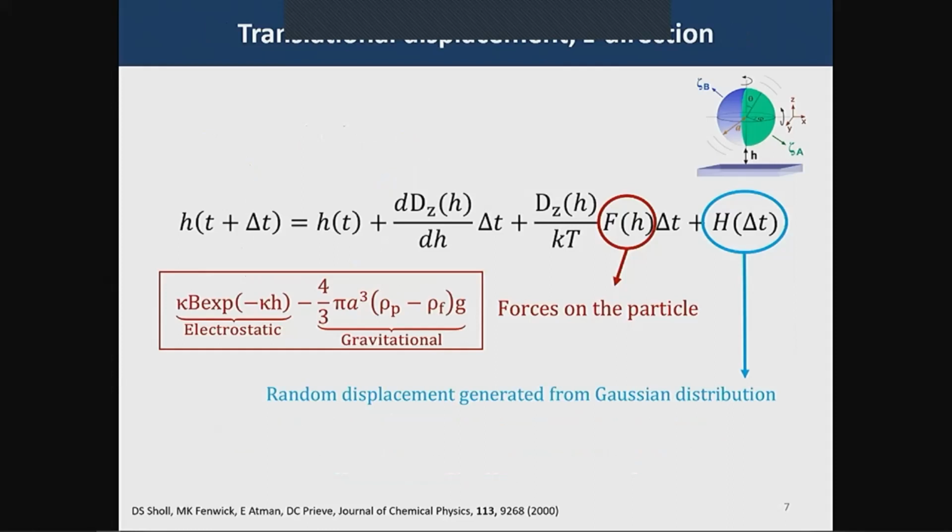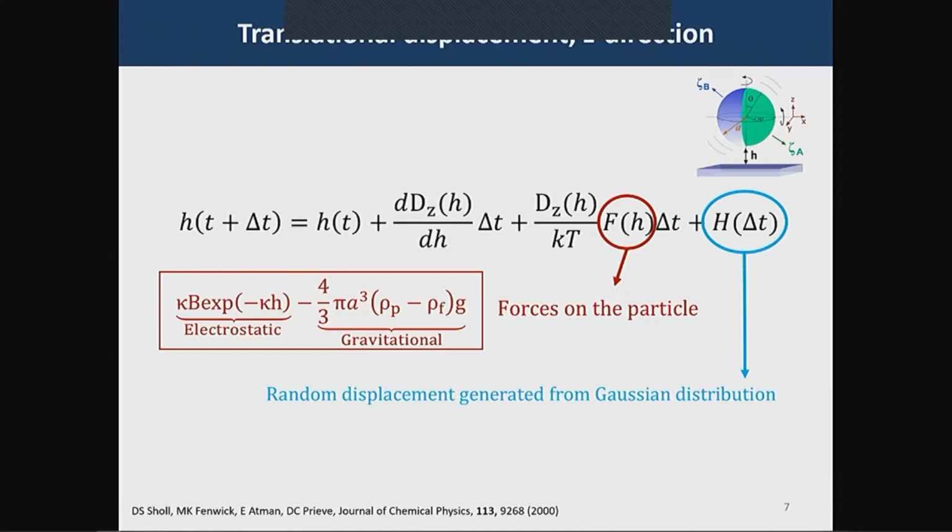The way we do it is we use a pretty traditional stepping algorithm where you can step through heights or orientations, taking into account the conservative forces, which are given in red as F, the hydrodynamic forces, and then also these random displacements in position.